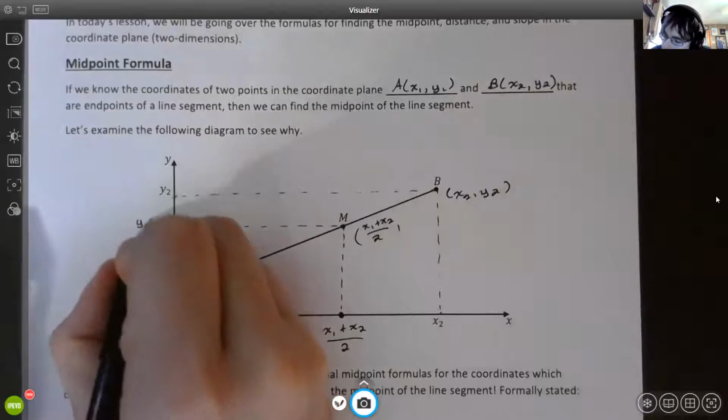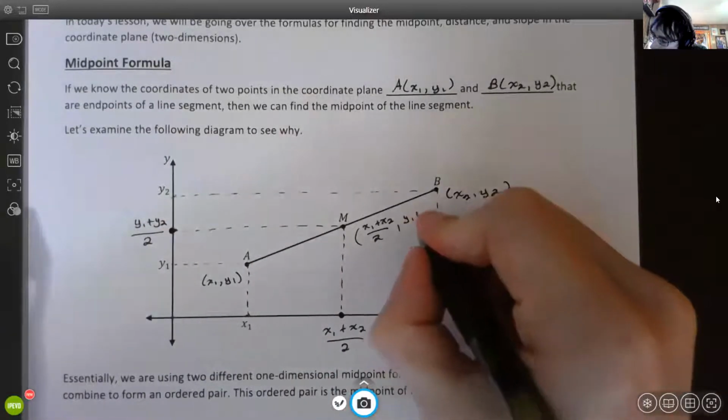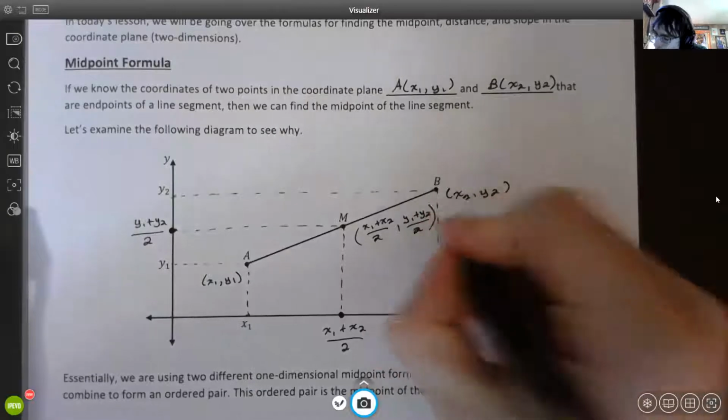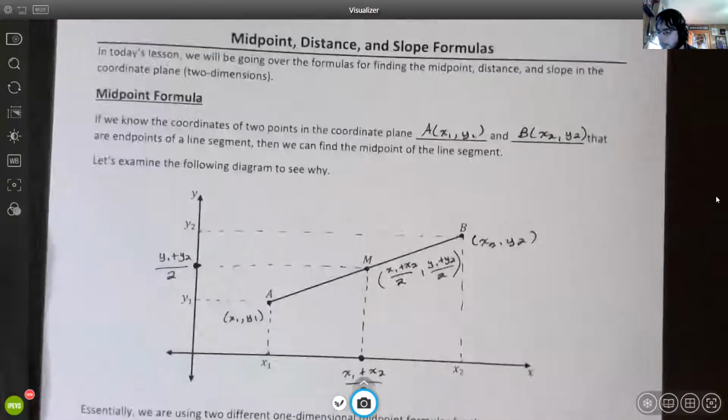So we take y1 plus y2 divided by 2. That would be the coordinates of our midpoint. So essentially what we're doing is using 2 different one-dimensional midpoint formulas for the coordinates, which combine to form an ordered pair. This ordered pair is the midpoint of the line segment.